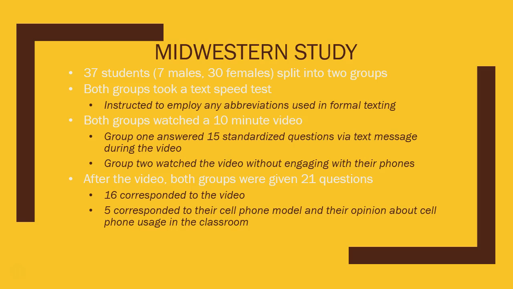The second group, however, watched the video with no distractions from their phone. After the video, both groups were given 21 questions to answer. 16 of those questions were about the video that was watched. 5 of those questions corresponded to the student's cell phone model and how they felt about cell phone usage in the classroom. The result of this study supports my opinion on this subject, and the results are as follows.